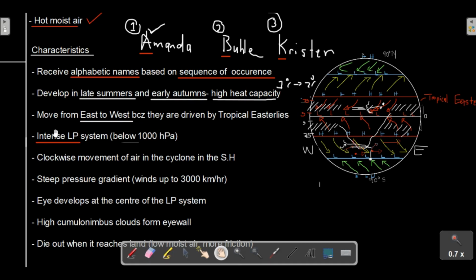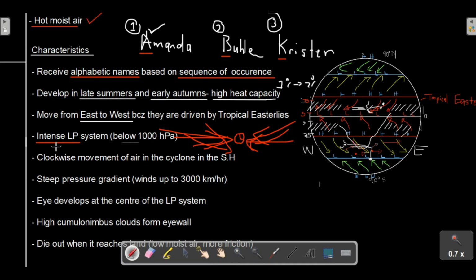Having this intense low pressure implies that these cyclones draw in more air from surrounding regions at very high wind speeds to move to that low pressure. This is also related to the steep pressure gradient, which we'll talk about now.